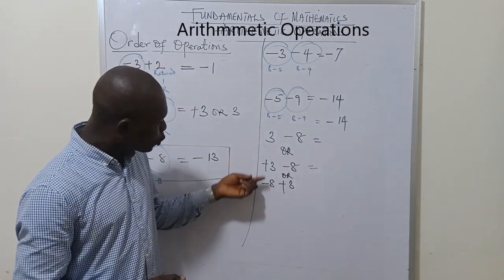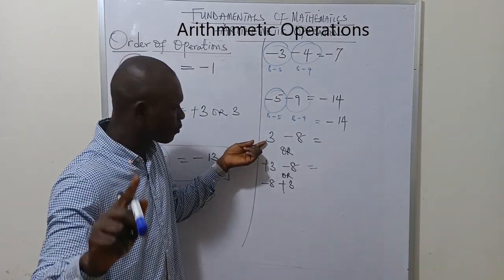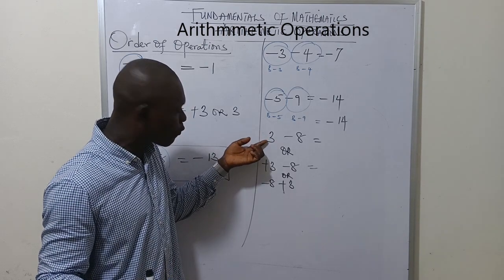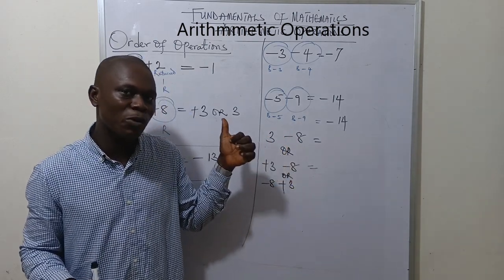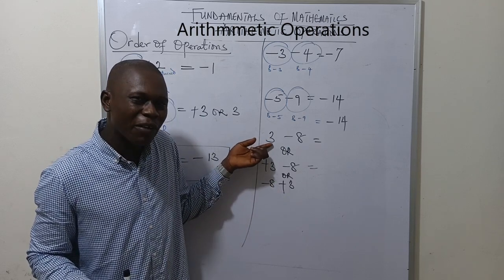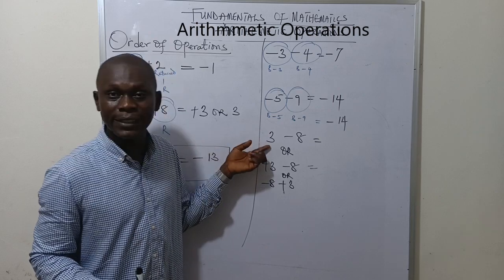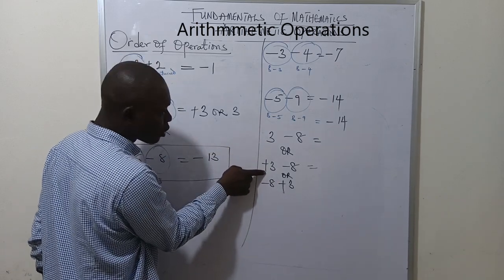Don't forget, the reason why I wrote plus 3 here is because I told you a number that has no sign before it, and this number here has no sign before it, is also regarded as a positive number. This was in the initial video we made. So I've written my 3 here to be plus 3. It's the same thing.